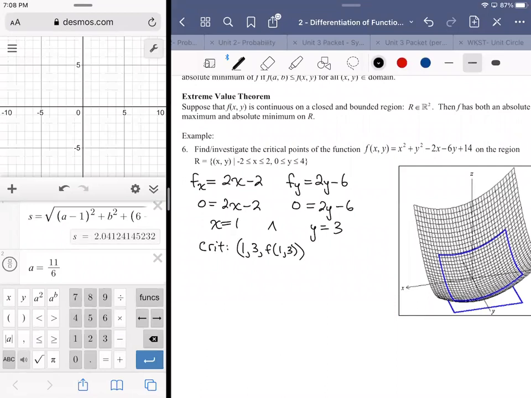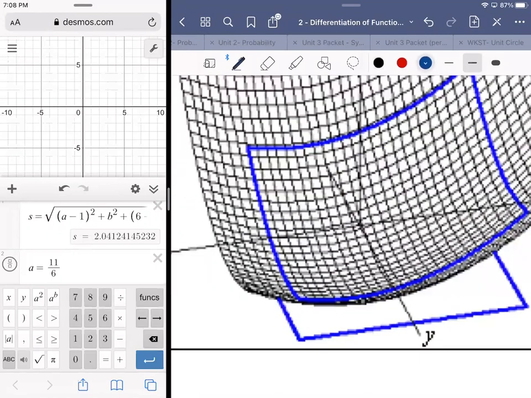Those bounds could lead to extreme values because if you're just plotting along this graph, you could say I got 1 in this direction, 3 in that direction, and then some value corresponding to that on the surface. So probably right there looks like it could be the lowest point on the graph, right? But what about the highest?